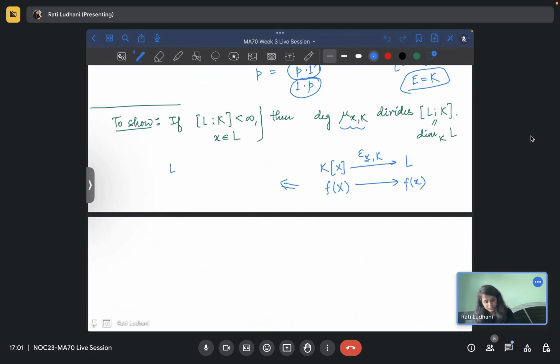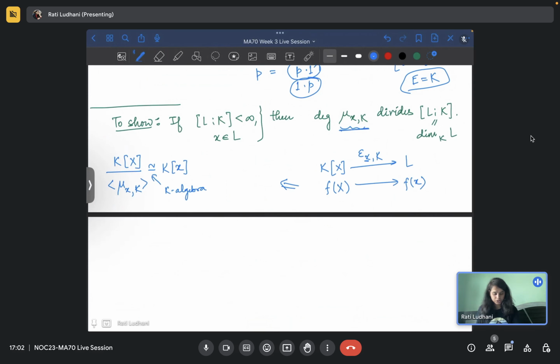So K[x] is isomorphic to K[X] by mu_x,K. We have this as a K-algebra isomorphism, field isomorphism, and vector space isomorphism, that is, a K-linear isomorphism. Okay, so we have this much information from this.